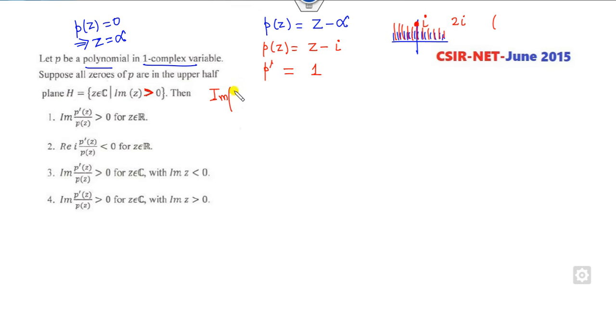So the imaginary part of P dash over P. We will check whether it's greater than 0 or not. What is P dash? It is 1 over Z minus iota. So what is that? It's 1 over x plus y minus 1.